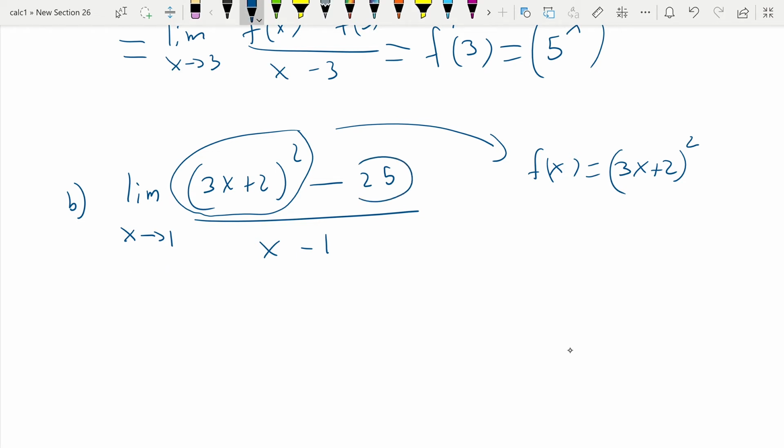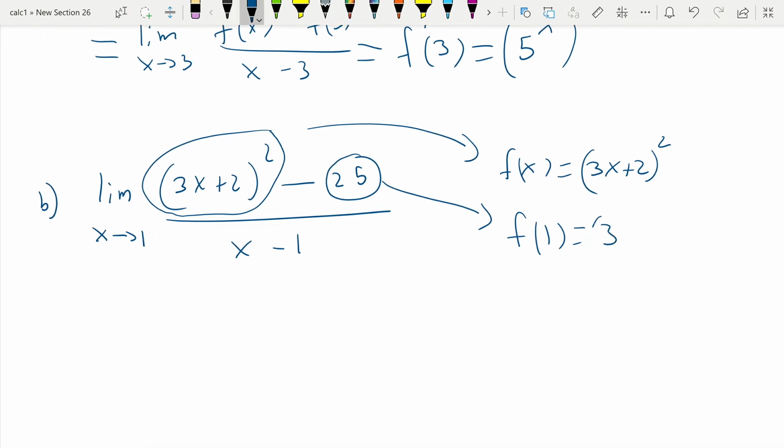And then 25 should better be f at 1. So let's check. Is it f at 1? So 3 times 1, remember, x takes on the value 1, plus 2 squared. Yes, because this is equal to 5, and 5 squared is equal to 25.